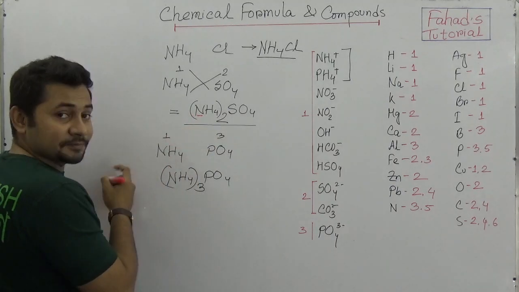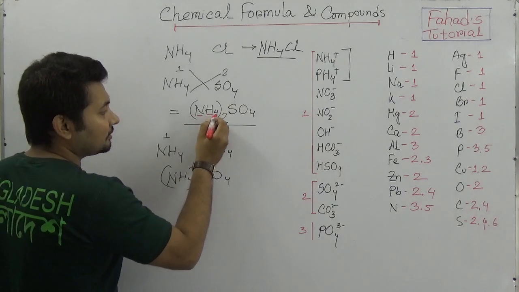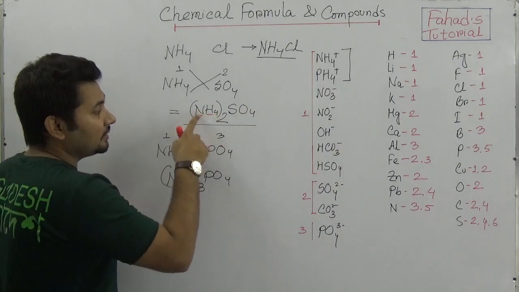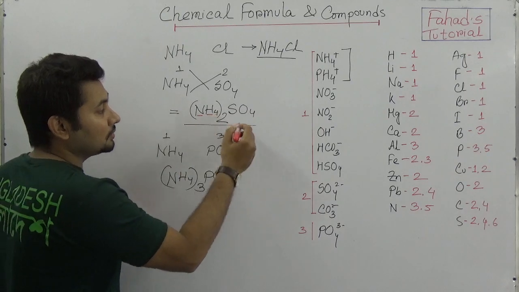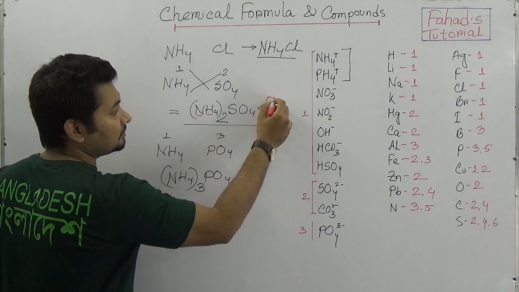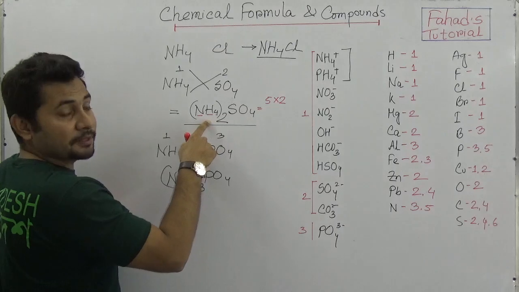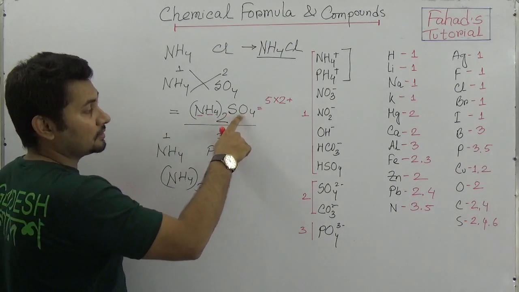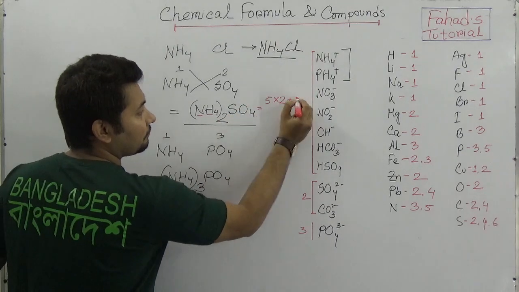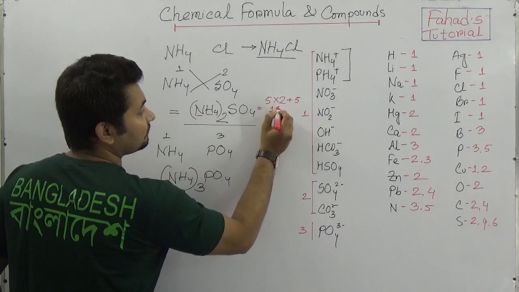This is nitrogen 1 and hydrogen 4. So together it has 5 atoms inside and outside is 2. So the atom number should be 5 times 2 plus, now you see sulfur is 1 and 4 oxygen. So we have 4 and 1, 5. So it should be 15.